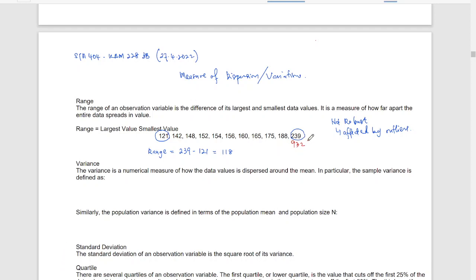So that means if this is the largest value, it will give an effect to your range value. Okay, maknanya kat sini your new range akan jadi 932 minus 121.